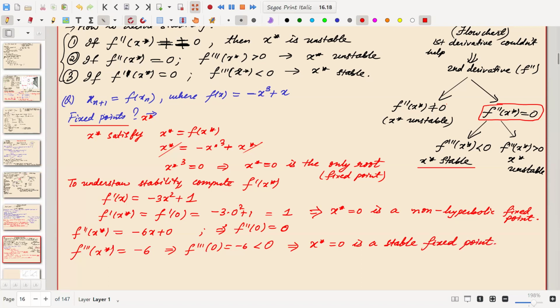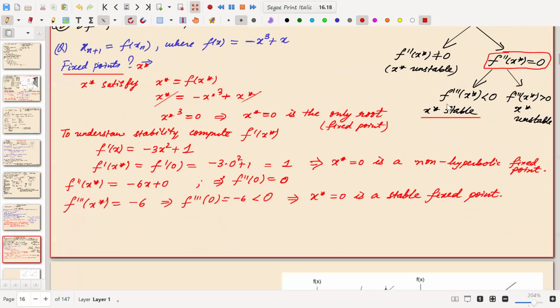Your assignment for next class is to draw the cobweb. Draw the cobweb in Python and check graphically that indeed x star equals 0 is a stable fixed point.